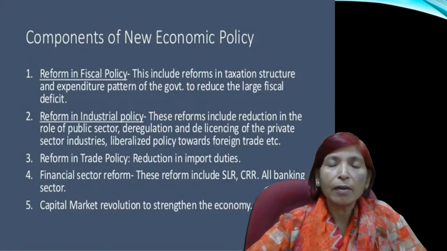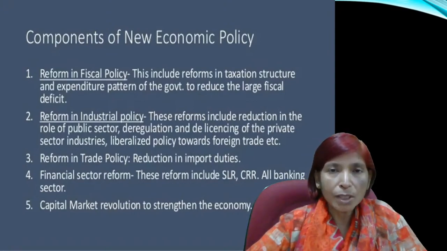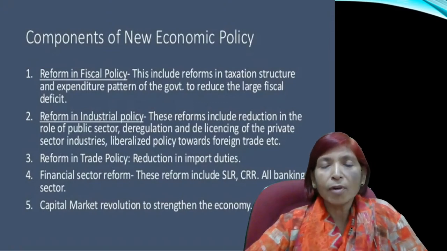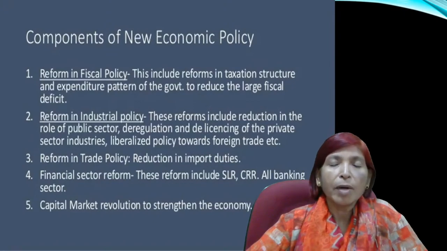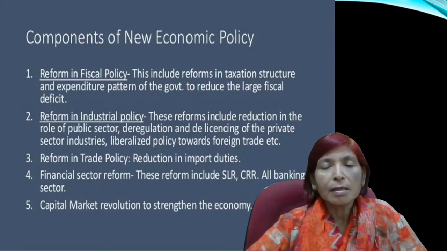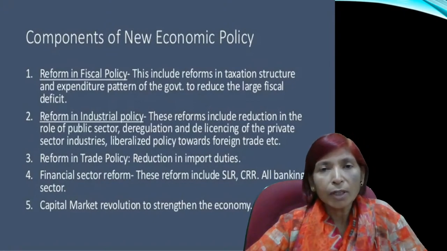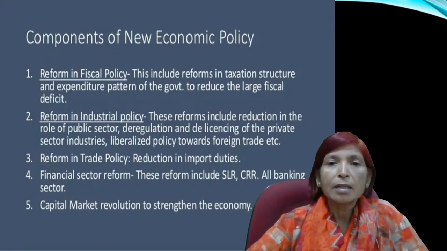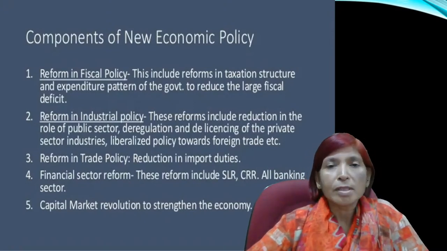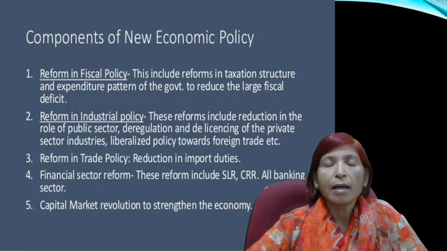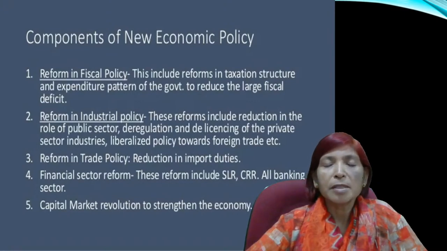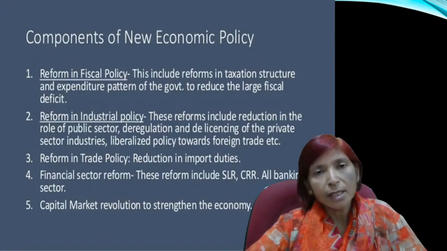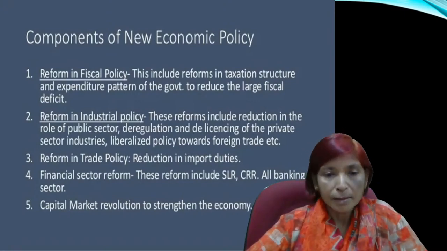Before the 1991 industrial policy resolution, the limit of FDI was only 40%, but in 1991 this limit increased from 40 to 51% in general and 74% for some specific industries, and 100% FDI is also permitted in some specific regions and areas.